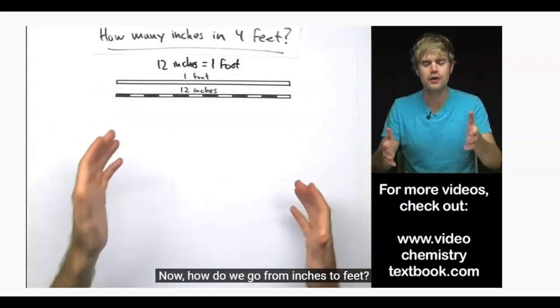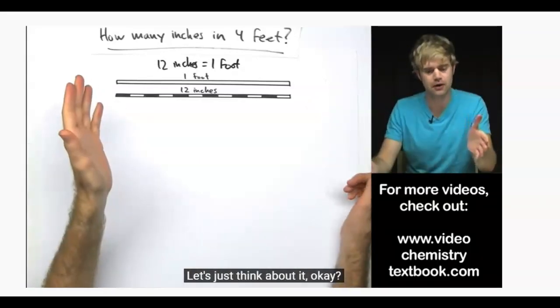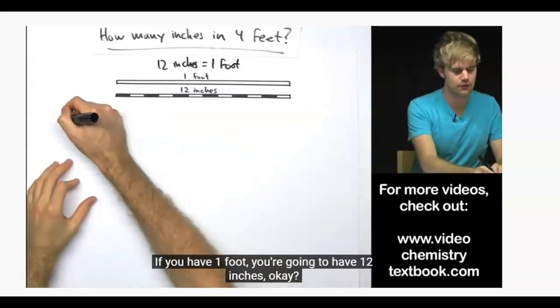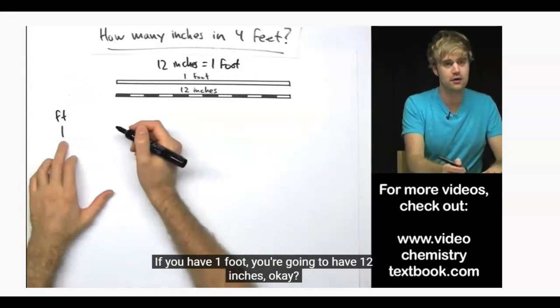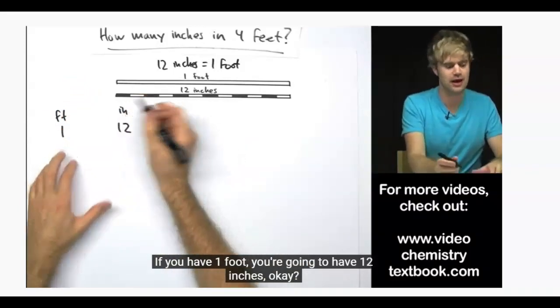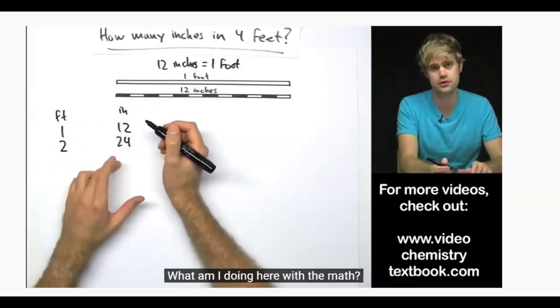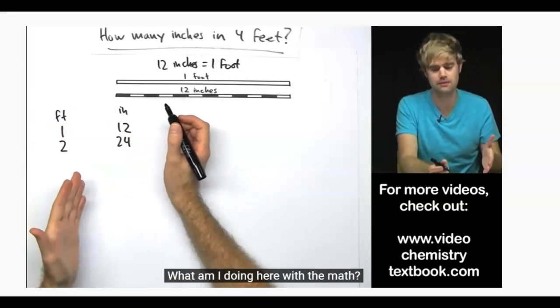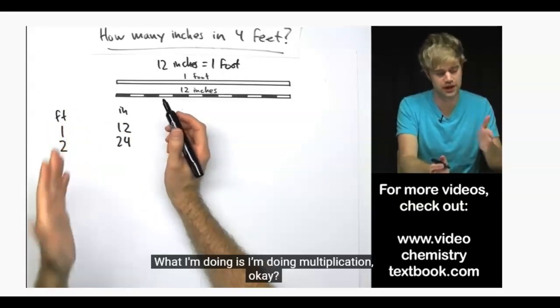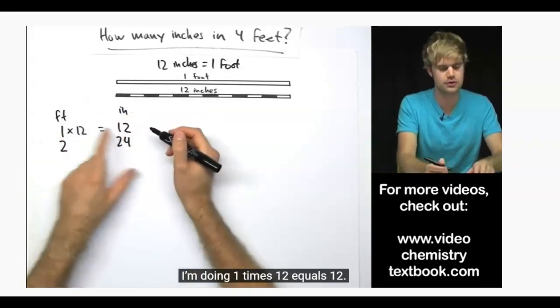Now, how do we go from feet to inches? Let's just think about it. If you have 1 foot, you're going to have 12 inches. If you have 2 feet, you're going to have 24 inches. What am I doing here with the math? What I'm doing is multiplication. I'm doing 1 times 12 equals 12.